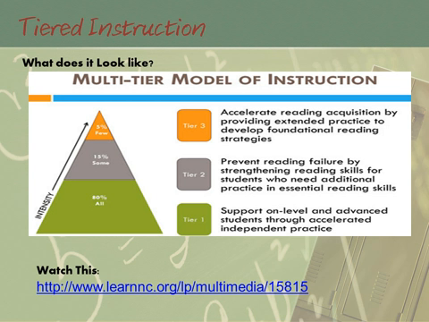And in Tier 3, these are the students for whom we need to accelerate reading acquisition by providing extended practice to develop foundational reading strategies. All three of these tiers can be provided within the general education classroom through tiered instruction. And there's a link down here at the bottom that I'd like you to take a look at that will further explain the benefits of tiered instruction.